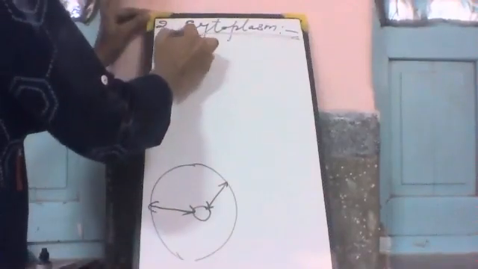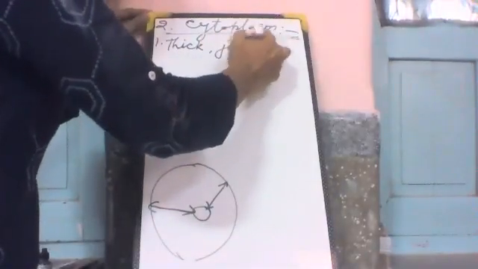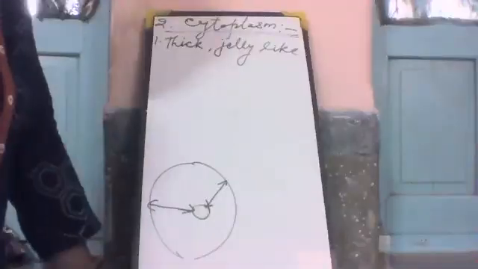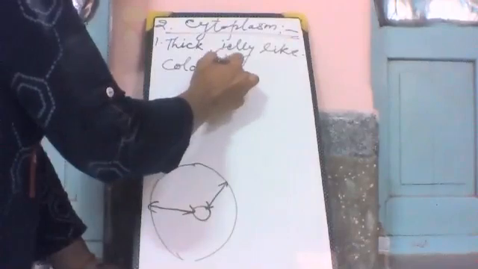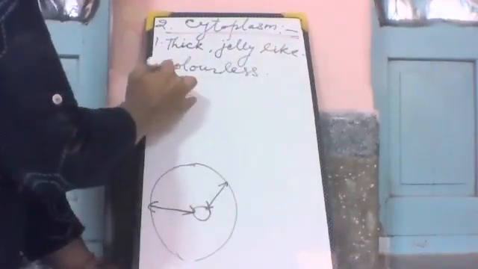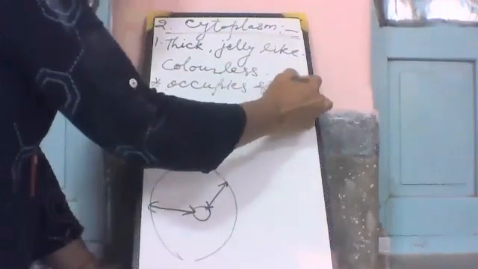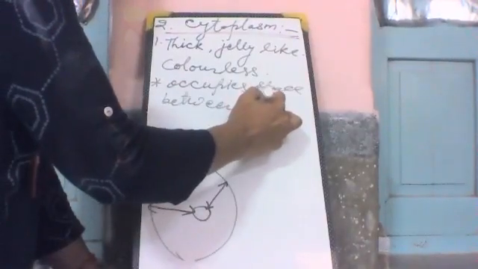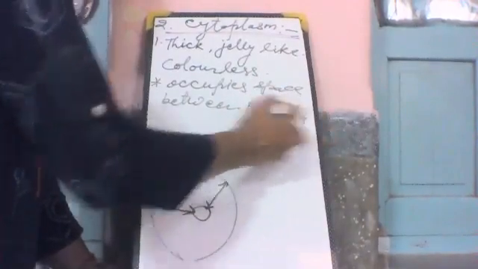What are the characteristics of this? It is a thick, jelly-like, colorless fluid that occupies the space between plasma membrane and nucleus.